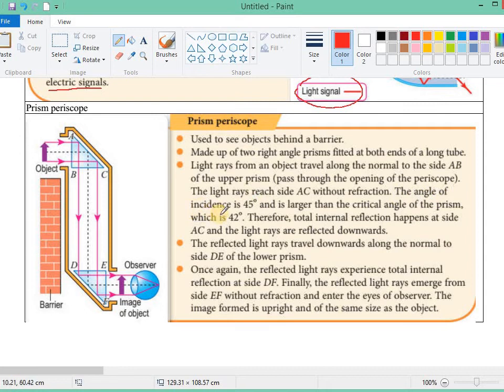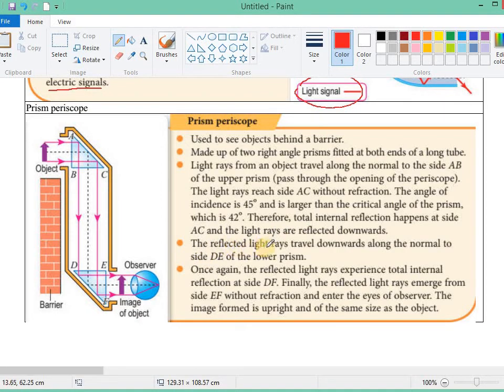The angle of incidence is 45 degrees and is larger than the critical angle of the prism, which is 42 degrees. This critical angle is the critical angle of the material used to make the prism, in this case glass. So 42 degrees is the critical angle of glass. Therefore, total internal reflection happens at side AC and the light rays are reflected downward.